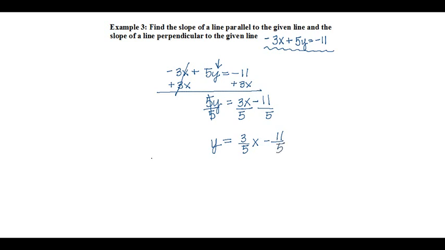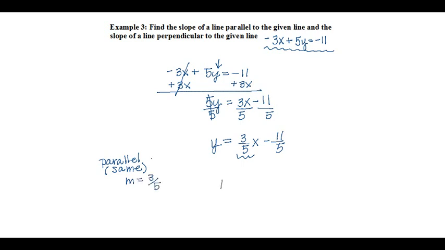So we had two things we were asking. First, we wanted to find the parallel slope. Parallel lines have the same slope, so m is equal to 3/5, the same as our given line.